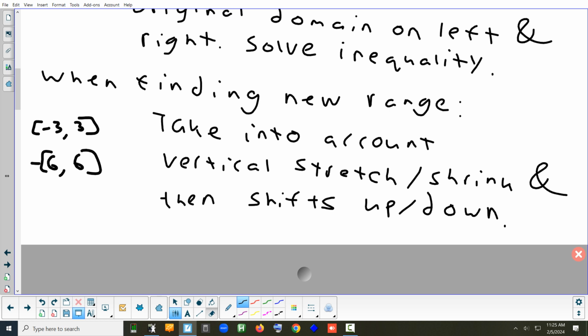Now, let's say you took that and then moved it up 4. What would happen to -6 to 6 if it went up 4? This is the process of how you find the range. -2 to 10. Yep. So that's exactly how you find the new range. Take into account the stretch, and then take into account any shifting. In that order.